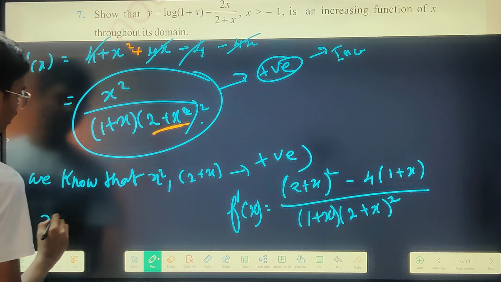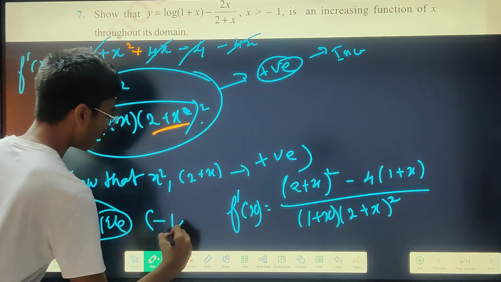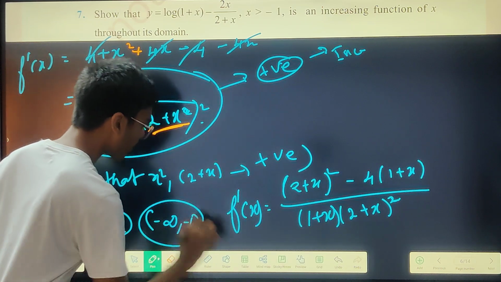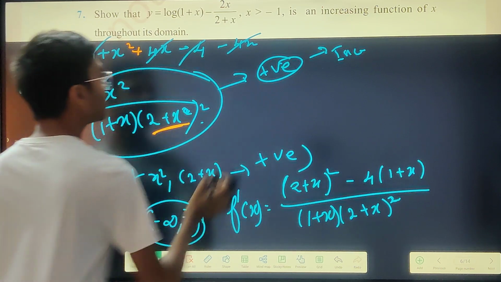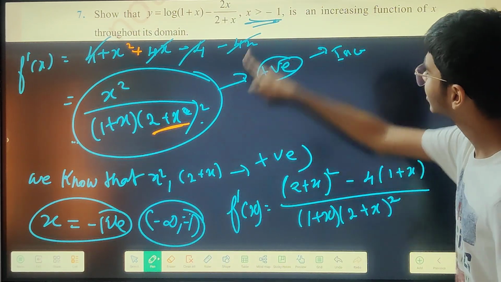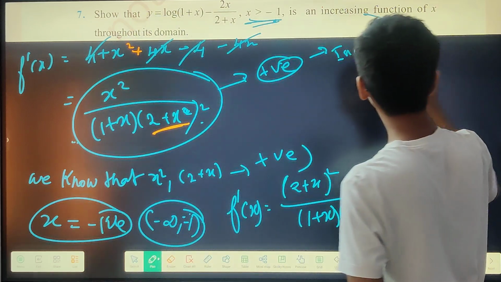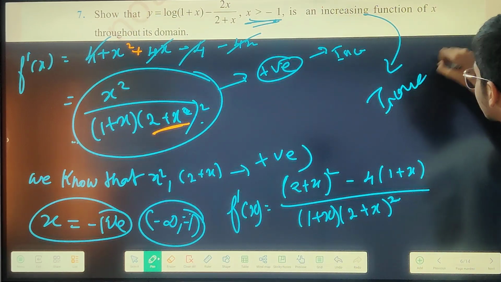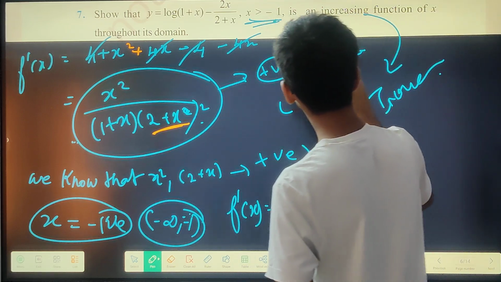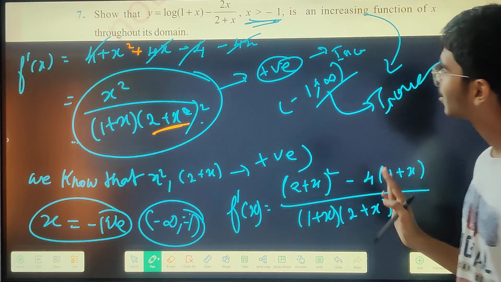Then x is equal to minus 1 is the only place where, from minus infinite to minus 1 only, in this domain this function would be decreasing, but here that domain is not there, which automatically makes this entirely increasing. So this function from minus 1 to plus infinite will be always increasing.